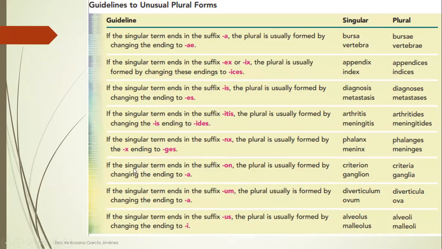This one, if the singular term ends in the suffix on, for example, criterion, the plural is usually formed by changing the ending to a, criteria. When we talk in medicine, we don't just use one criterion. We don't have one rule for getting a diagnosis, for defining a situation. We have a group of ideas, major criteria, minor criteria.